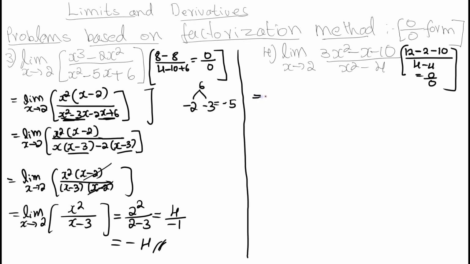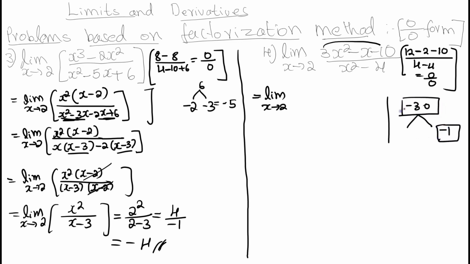So we can rewrite it as limit x tending to 2. Again, we need to factorize this one. See, multiplying a to c value, that is, if you multiply a and c, you will get minus 30. So I need to find two numbers such that multiplying I need to get minus 30, but adding I need to get minus 1. So find two numbers whose product is minus 30 and whose sum is equal to minus 1.